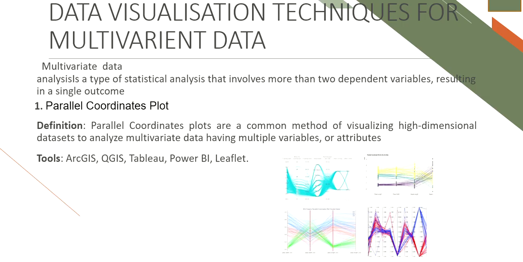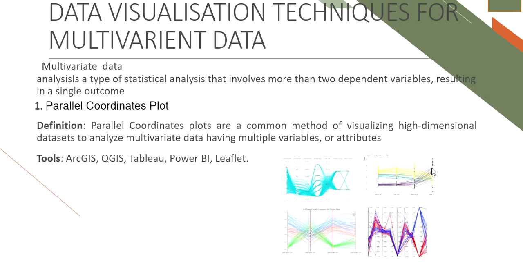The first thing is a parallel coordinate plot. This is a high dimensional analysis of any type of data that has multiple attributes. For example, if I want to represent two or more sets of data, then I will go for parallel coordinates. And parallel coordinates look like this. Since I am representing two or more data sets, by looking at the colors, like here purple, blue, and orange, we can assume what kind of data represents what kind of data sets.